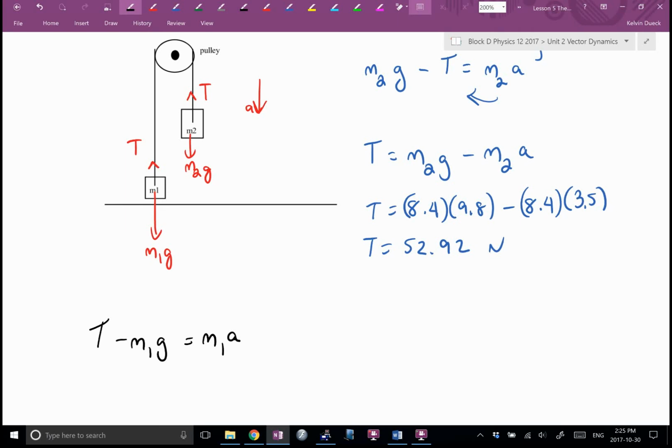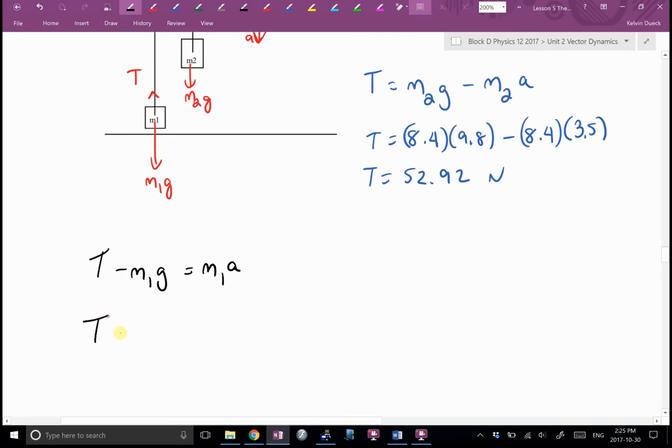Let's get them all to the same side. I'll plus the m1g over. How many m1s do I have? How many would I prefer? It'd be really cool if it was a grade 9 mathematical operation that I could pull out of my back pocket from Math 9 that would somehow change this from 2 m's to 1 m.